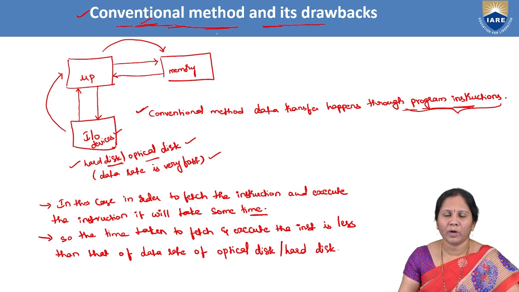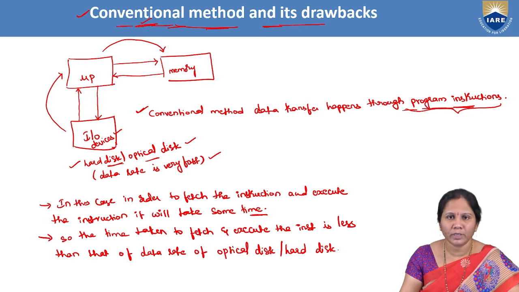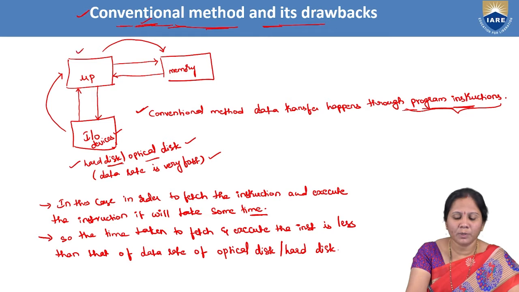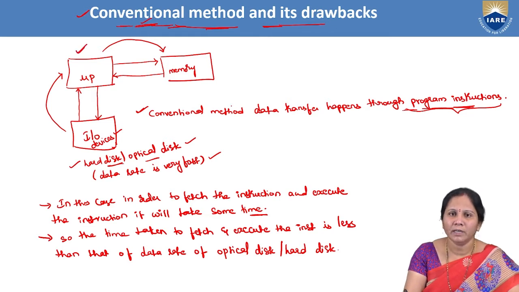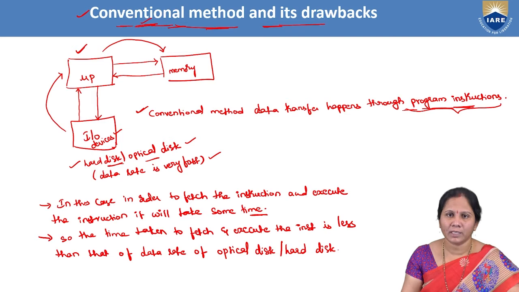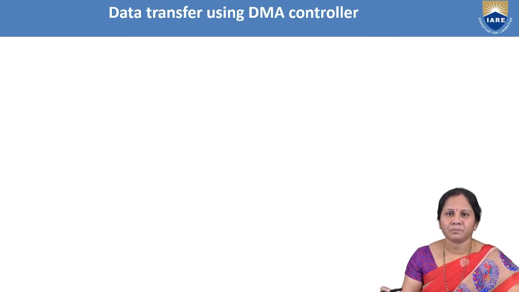In order to avoid this drawback, we go for one hardware unit which is called the DMA controller. The CPU is taking more time for fetching and decoding, so to avoid this in the conventional method, we are going to isolate the microprocessor, that is the CPU. We isolate it by using the hardware unit called the DMA controller in between the IO devices and memory.